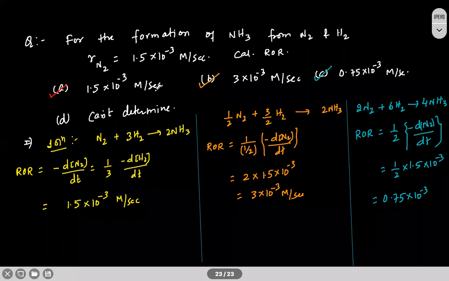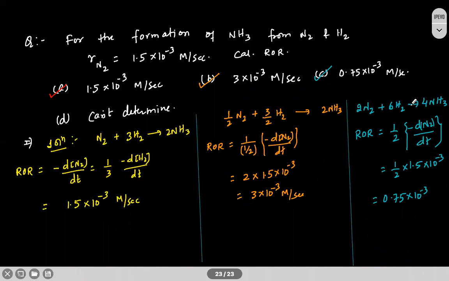Are you getting it? Sir, we have to take the lowest possible whole number as the stoichiometric coefficient. No, why do you have to take the lowest possible number of moles? You are saying this because we usually write N2 plus 3H2 gives 2NH3, right? But it is not like that; you can take any reaction.